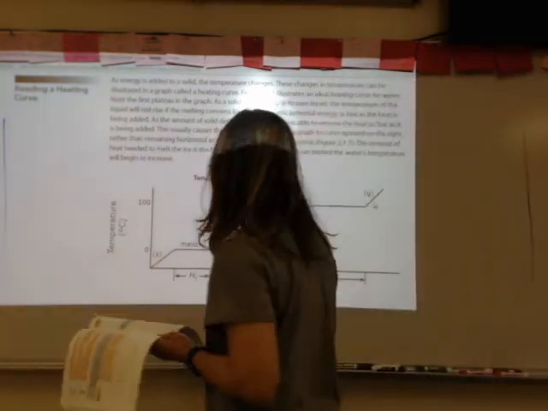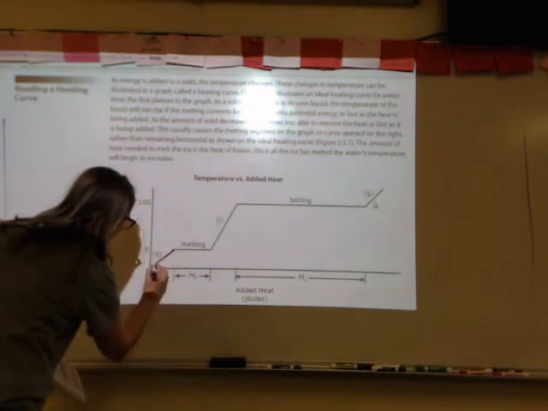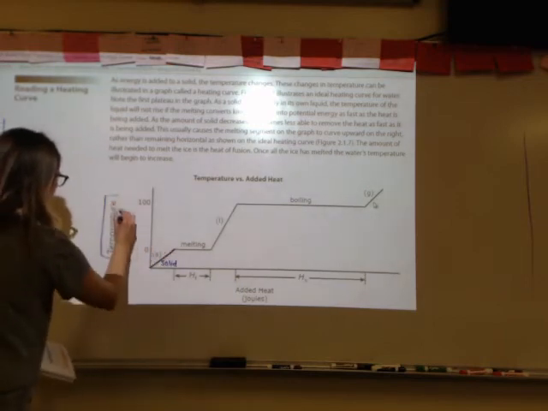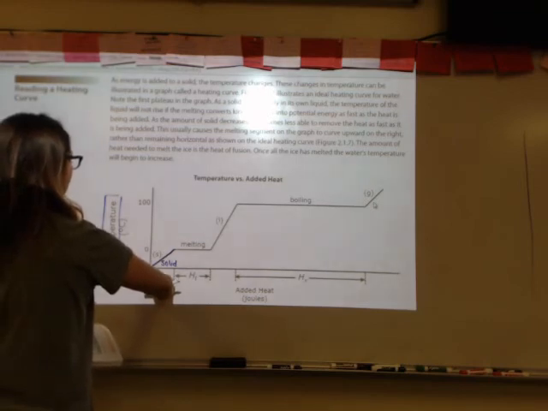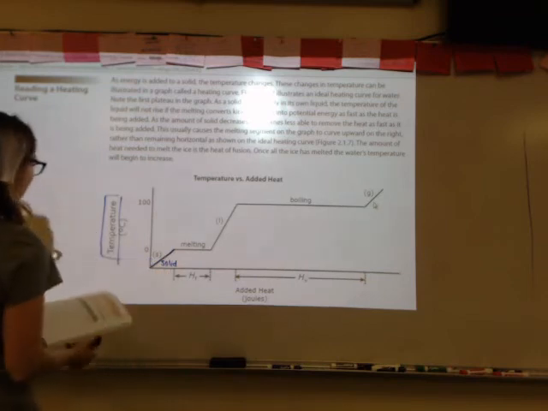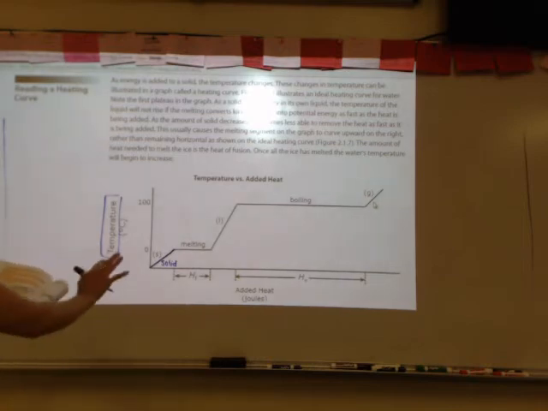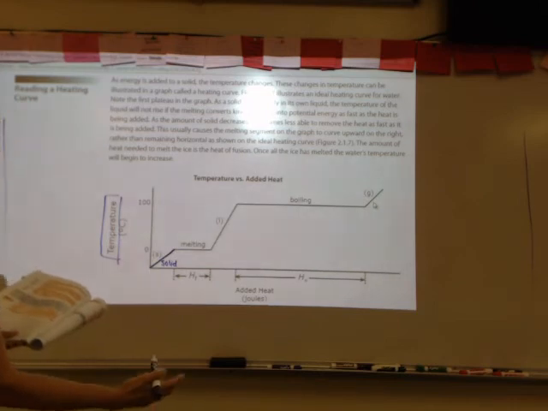If you look at this heating curve down here, this little S is telling you that this portion of the graph is where you have a solid, and since this line is increasing, if you look at the y-axis, this is where your temperature is. So that's why you're adding heat and the energy is increasing, the temperature is changing as you follow that line along. Now, the changes in temperature that I'm going to be talking about are illustrated on this heating curve. We also can have cooling curves.